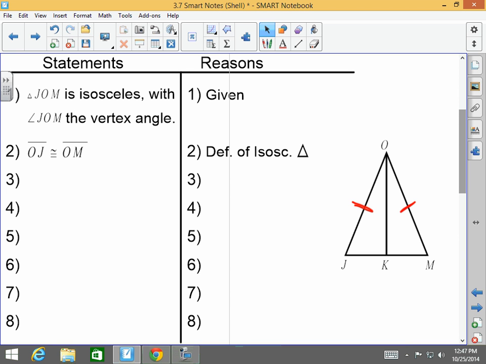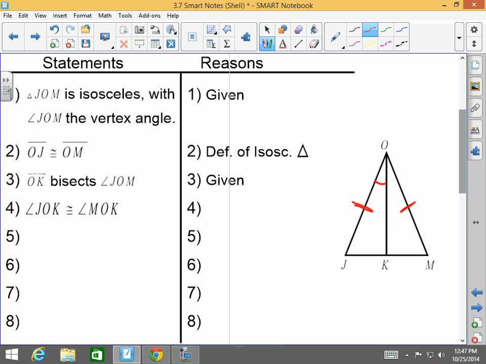Number 3, they tell us that ray OK bisects angle JOM. That's a given. Well, if OK bisects angle JOM, then we know very easily that angle JOK must be congruent to angle MOK because of definition of angle bisector.